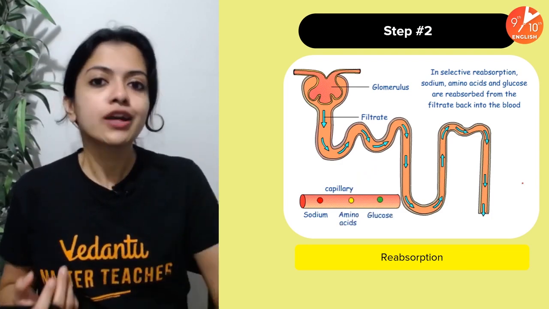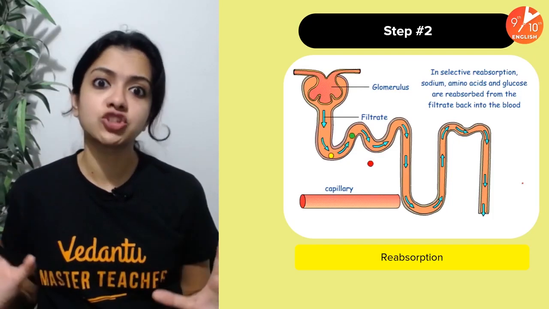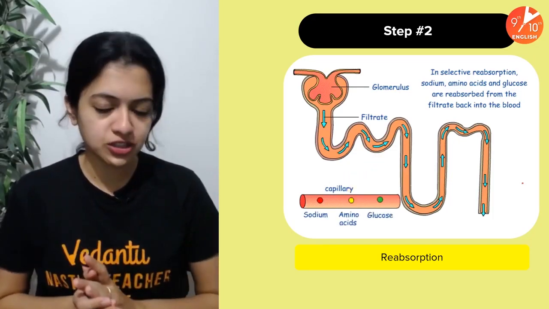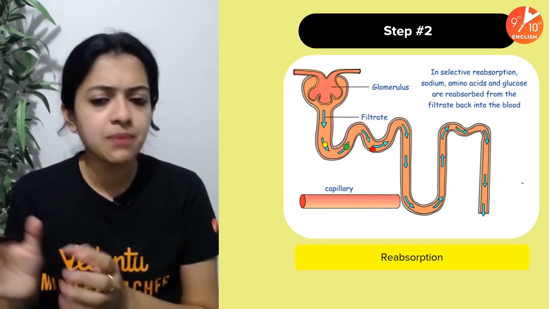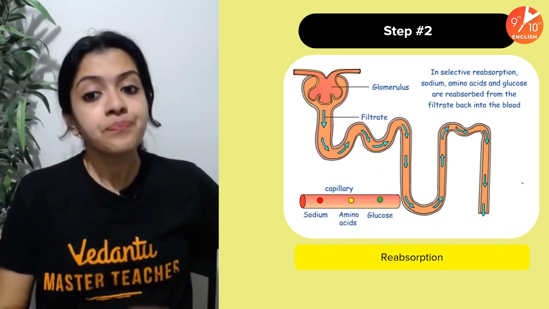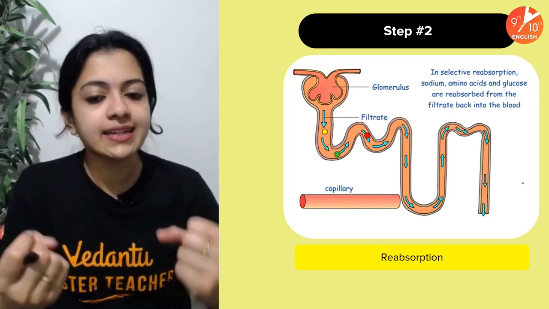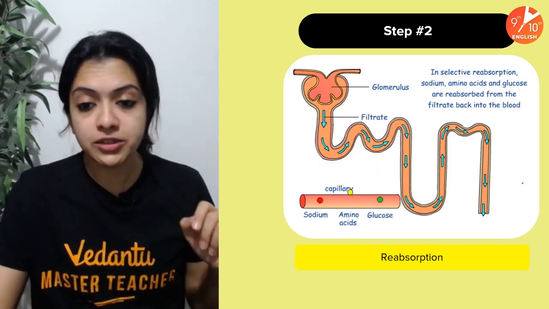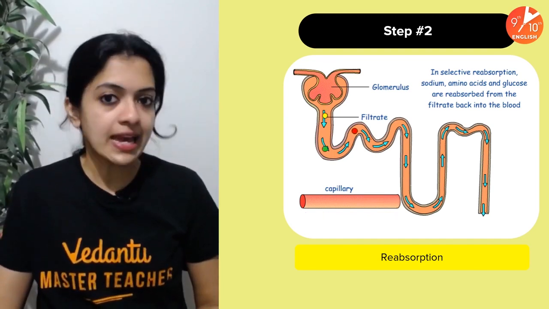Your body reabsorbs it because it happened to miss it in ultrafiltration, which is based purely on size. But in reabsorption, depending upon your body's needs, certain substances get reabsorbed into the bloodstream. Most of this happens in the proximal convoluted tubule.